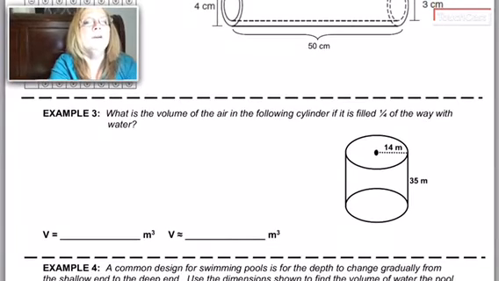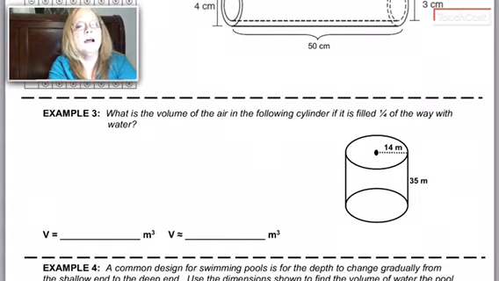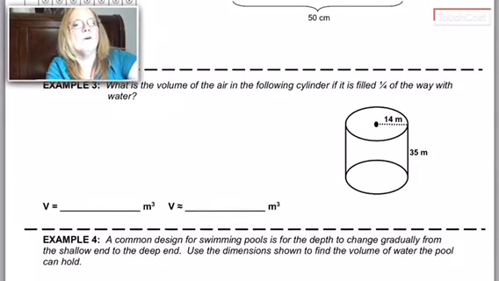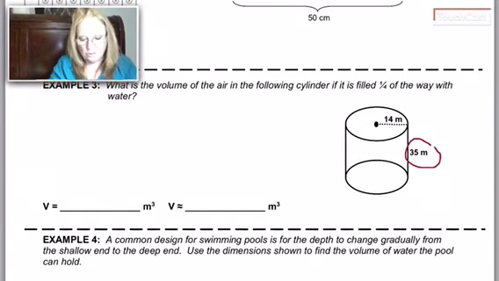Okay. What is the volume of air in the following cylinder if it's filled a quarter of the way with water? A couple different ways you can do this. What I am going to do is take this 35 and divide by 4. Okay? And so that will allow me, 35 divided by 4 is 8.75.